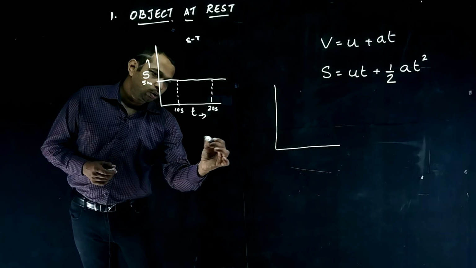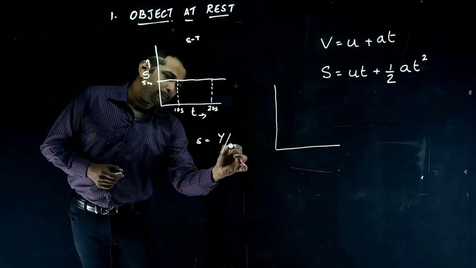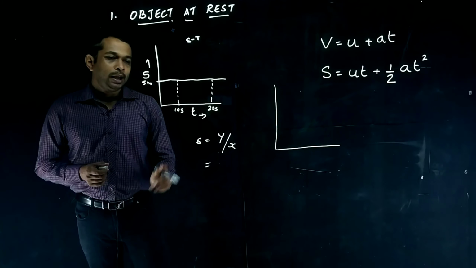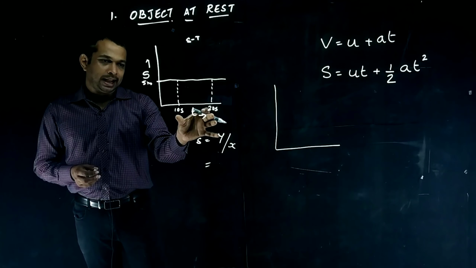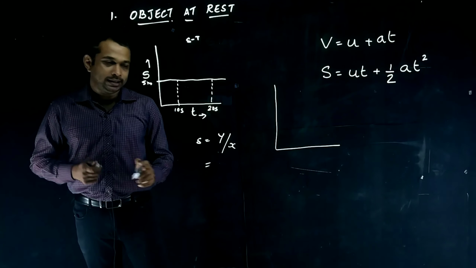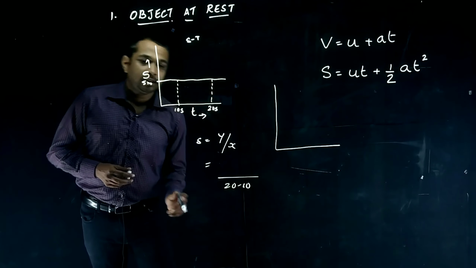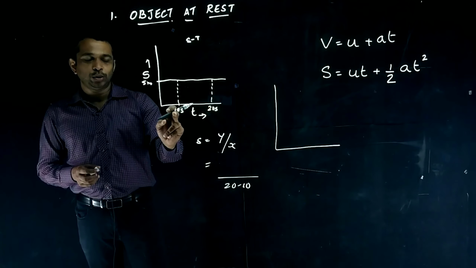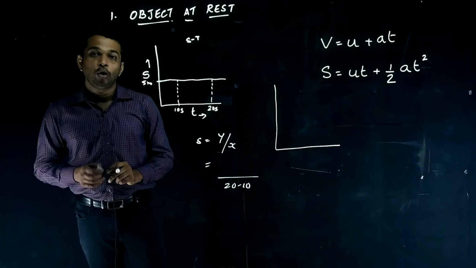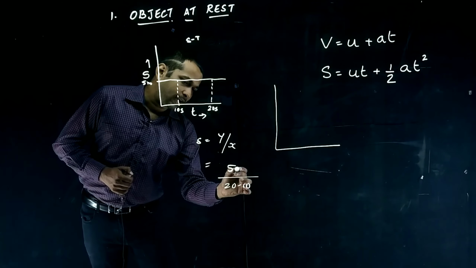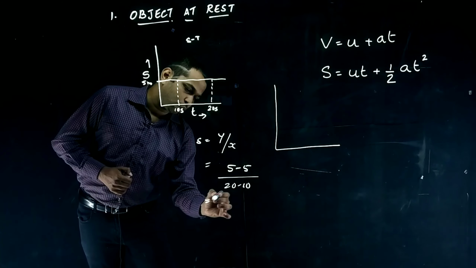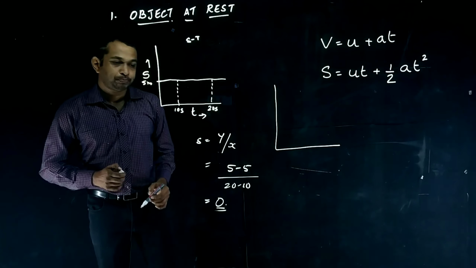What is slope? Slope is y by x. Now let's take these two points at 10 seconds and at 20 seconds. 20 minus 10. At both 10 and 20 seconds, the object is at 5 meters. So it means 5 minus 5, which means the slope is 0.